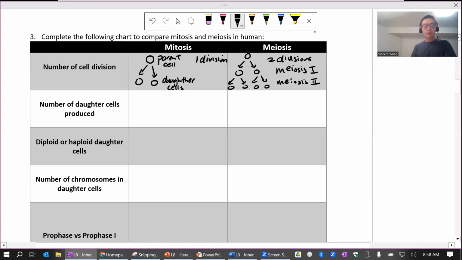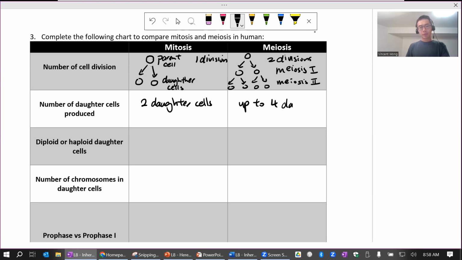Number of daughter cells produced. Well, you can tell from the drawing, mitosis creates two daughter cells. And in meiosis, you can produce up to 4 daughter cells.